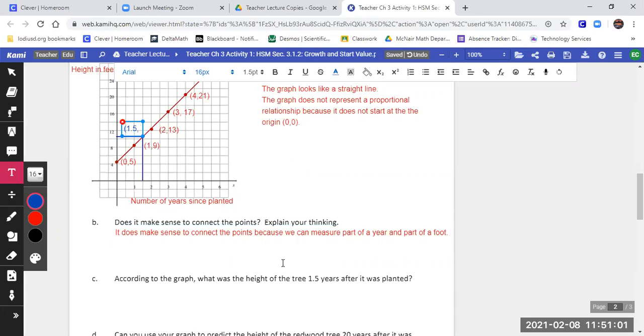Did we estimate? And isn't half a year going to be half that number? So it would be half the number between the 9 and the 13. That's how we're estimating. That's how we can use the table, the graph, to help us estimate, because it's halfway between.